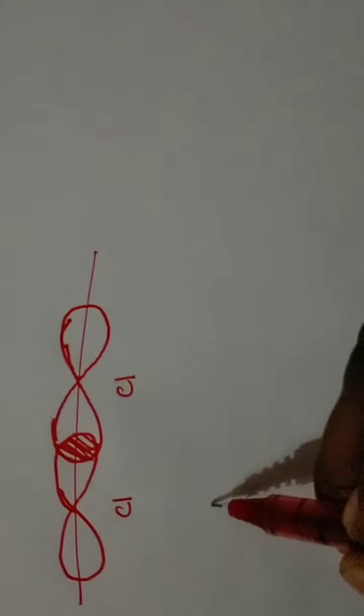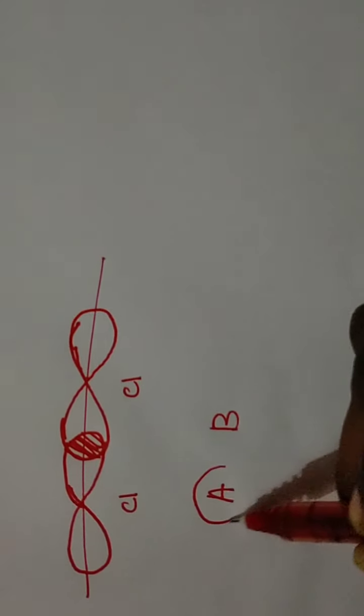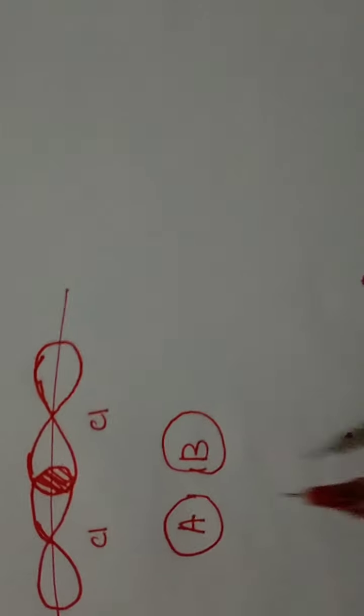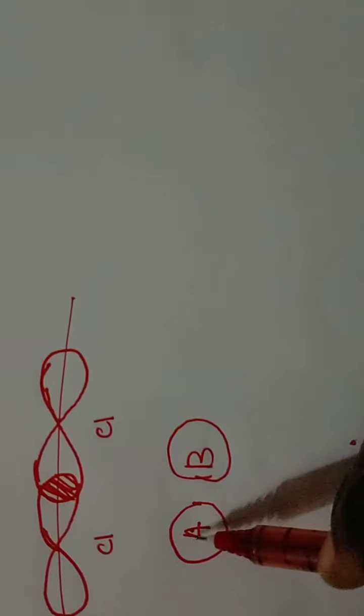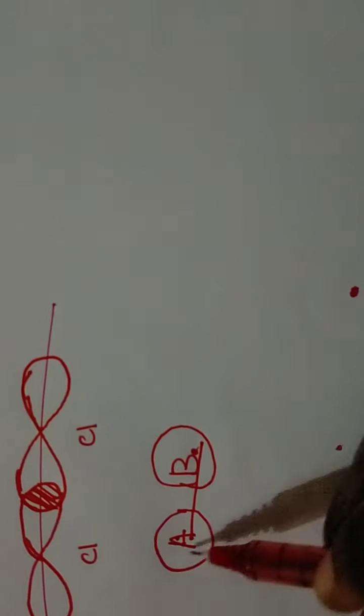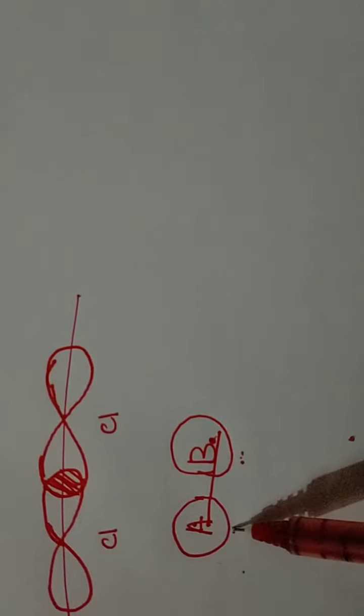We can take the example A and B. We consider A as one atom and B as another atom. So this is the internuclear distance between two different atoms, first atom A, second atom B.